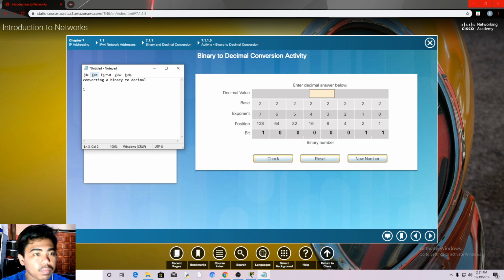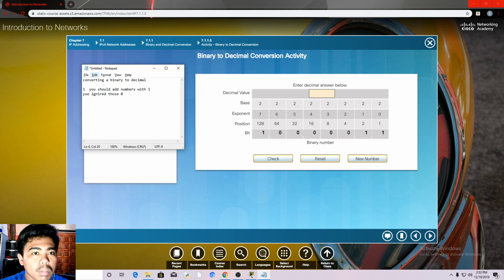First, you should add the numbers signified with 1, then you ignore those signified as 0.